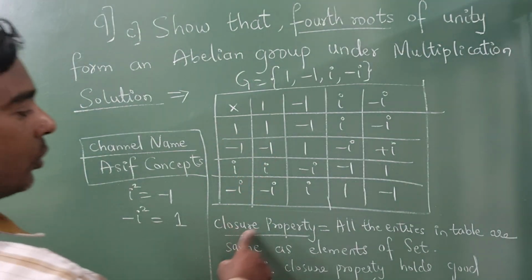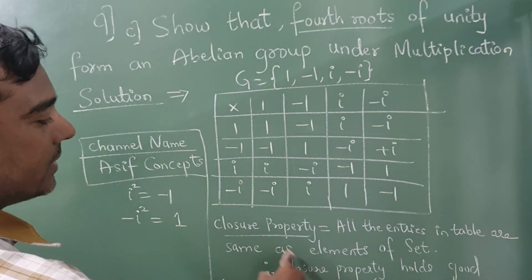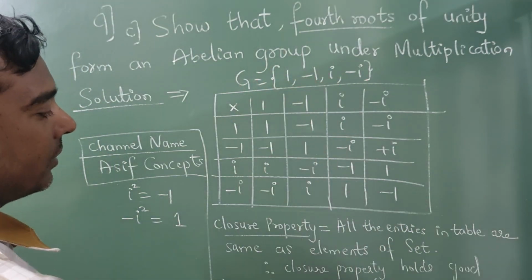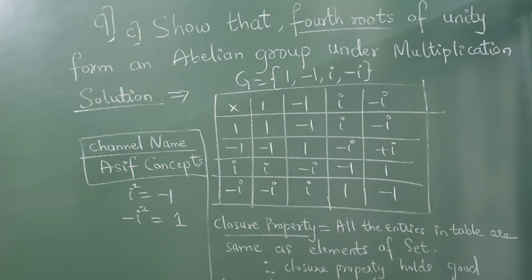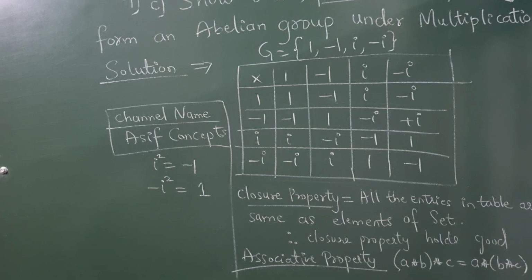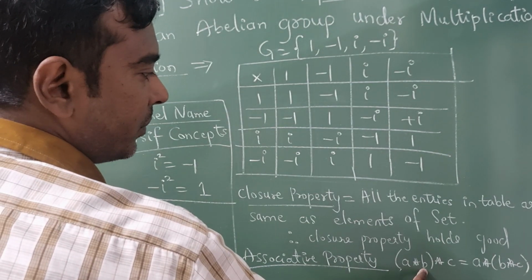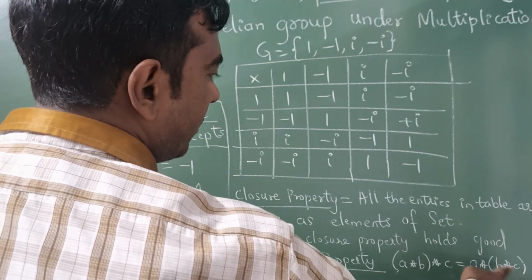Now after this, closure property. All the entries in the table are same as the elements of the given set. Therefore, closure property holds good. Now next comes associative property. (A star B) star C is equal to A star (B star C).